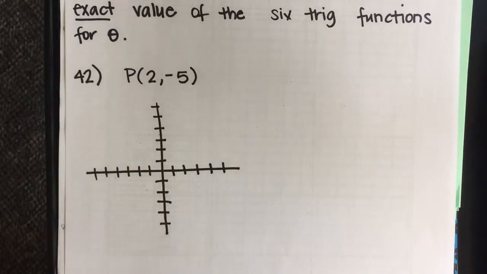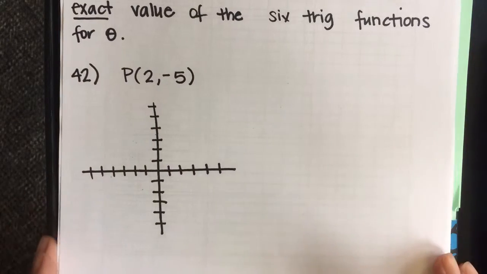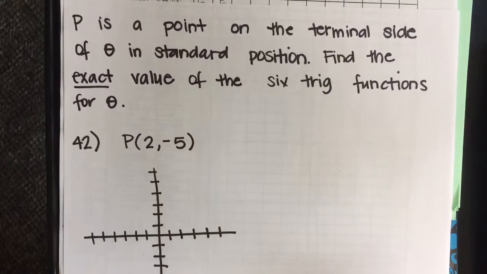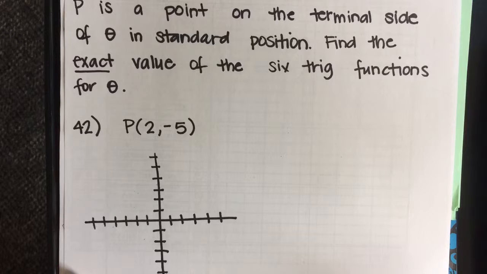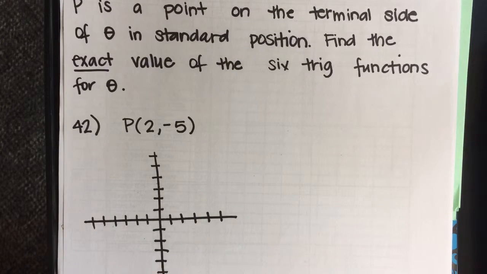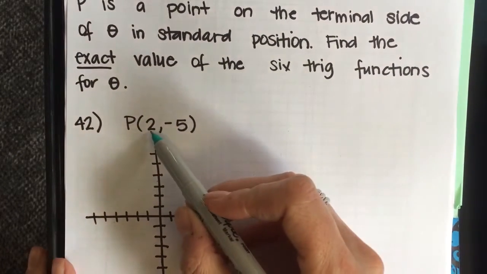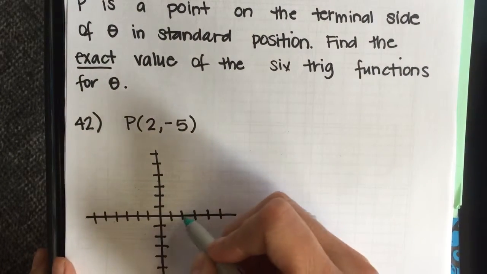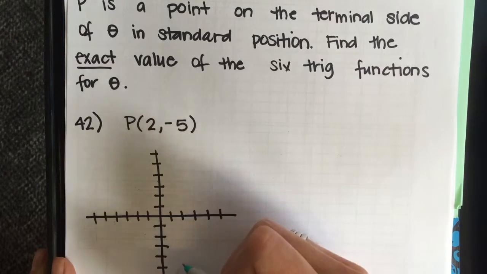The final one that I chose, they give you a point and you need to graph it, and then use that to make an angle and to make a triangle to find the 6 trig functions. So first we're going to plot our point, (2, -5). 2 is the x, -5 is the y coordinate, that is right here.